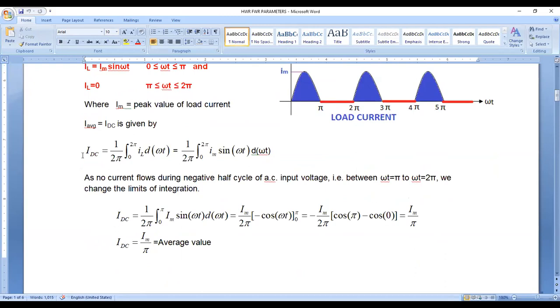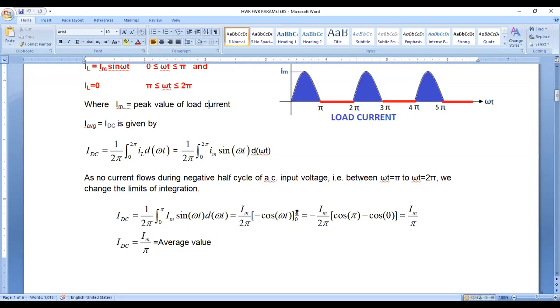Here the average value is nothing but IDC. Now IDC is equal to 1 by 2 pi integral 0 to pi of Im sin omega t. What happens from pi to 2 pi? It is 0, so no need to write it. Now integrate this part. Integration of sin theta is minus cos theta, so it is minus cos omega t from 0 to pi.